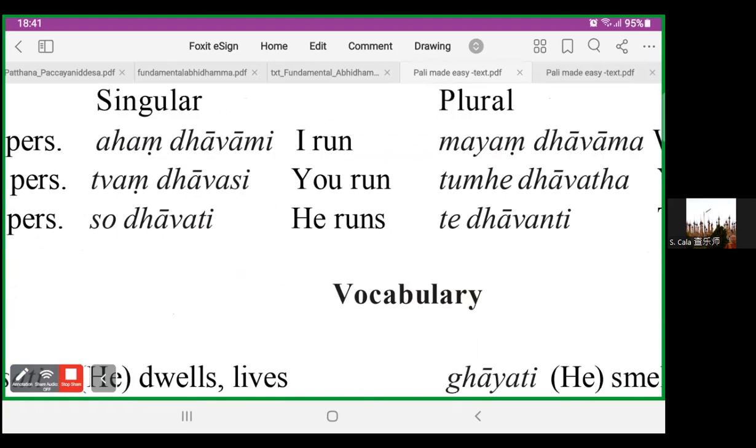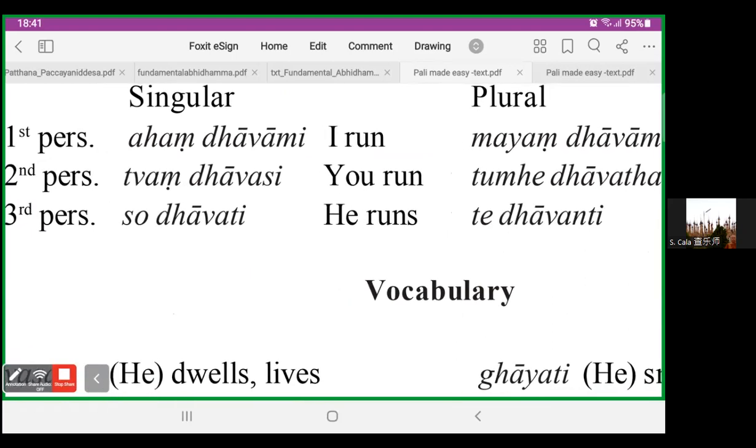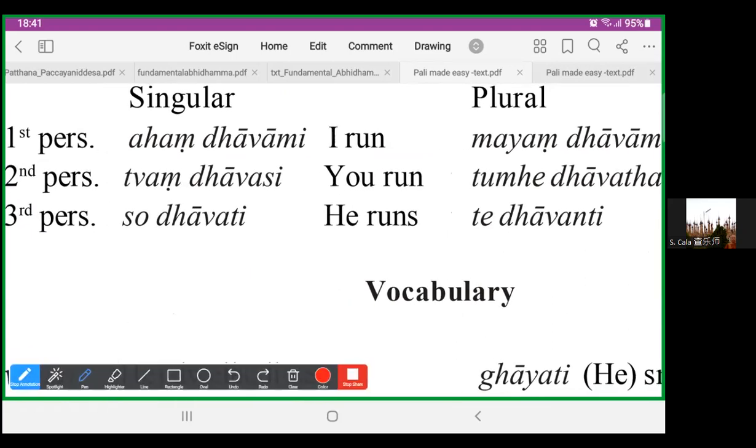Okay, if you have a pen and pencil, you just highlight. You put an underline like this, and you remember this is the base. And if you want to know how to cut it, you put a line here, so you know it's da plus a plus t, all right?